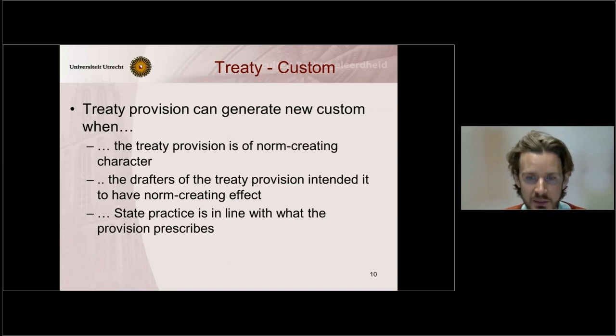And state practice must be in line with what the provision prescribes. So the state practice after the entry into force of the convention must be in accordance with what the provision prescribes. So if those three conditions are met, then it is possible that a treaty can assist in the emergence of new customary international law.